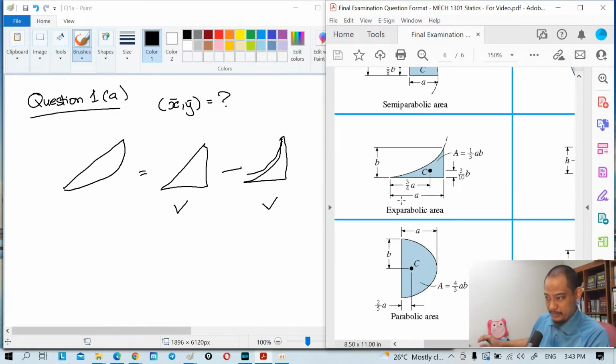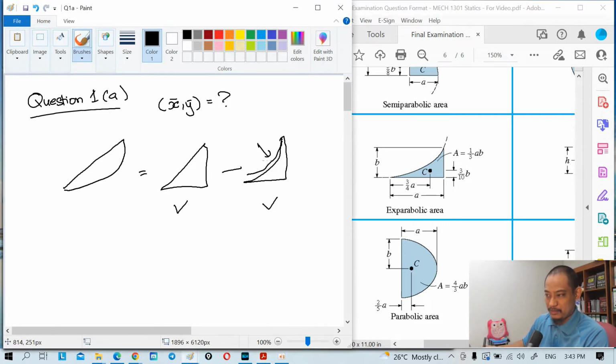So that is where I think many students actually get this wrong when they use composite. The area for the triangle is no problem, but for this curve you do not have a formula, so you still need to use integration, and you might as well solve the whole thing by using integration, right?